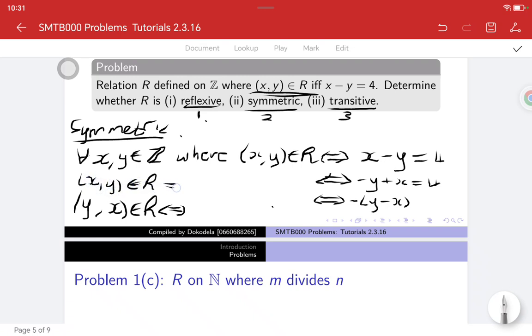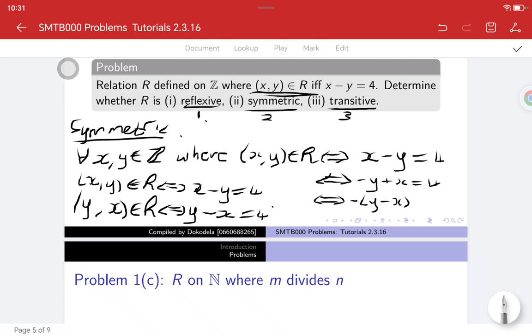If I write it like this, you can see where you're supposed to land, right? So when I commuted, I replaced x by y and y by x. So this should also give us 4.